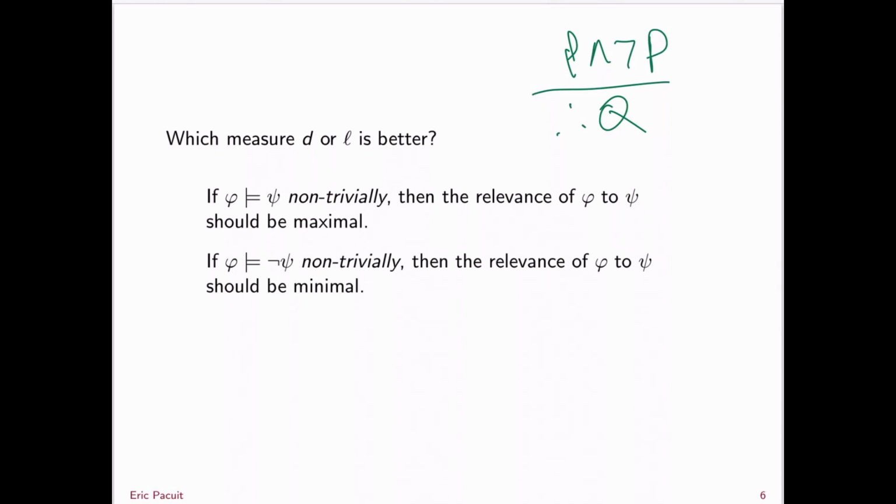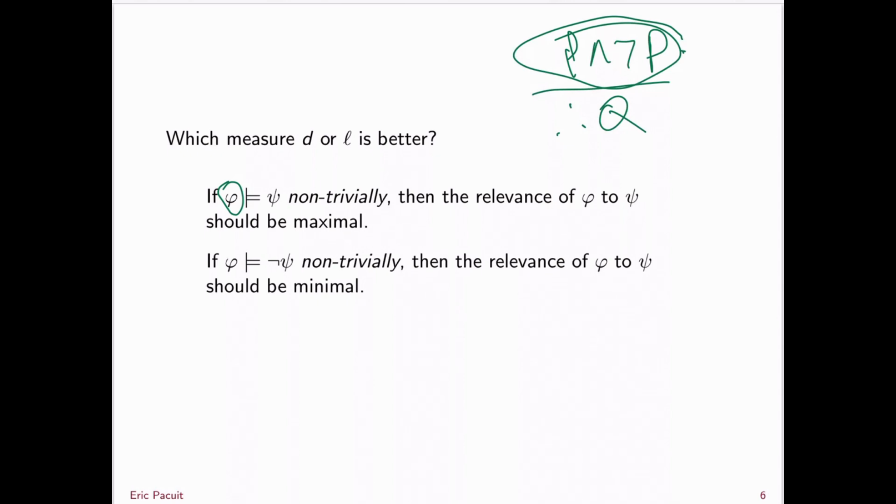This is valid because there's no truth value assignment that makes the premise true and the conclusion false. But the reason this is valid is for a trivial reason, namely that there just is no truth value assignment that makes the premise true, because the premise is a contradiction. So saying that phi implies psi is a valid argument non-trivially means that phi is not a contradiction.